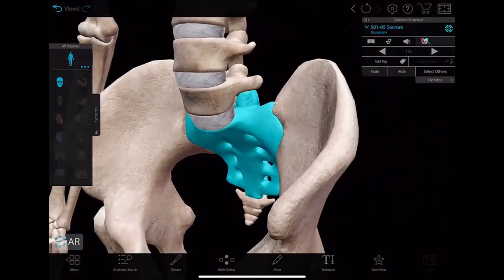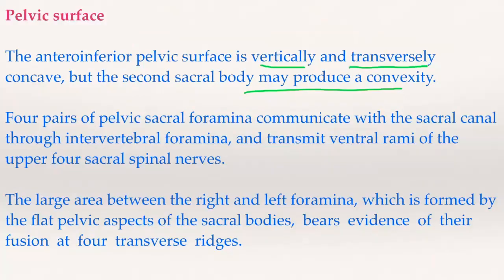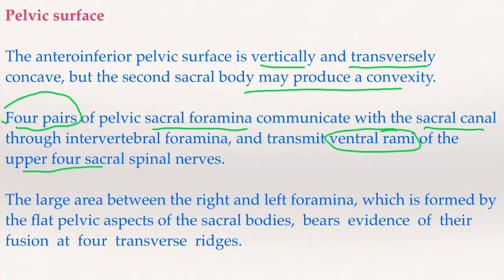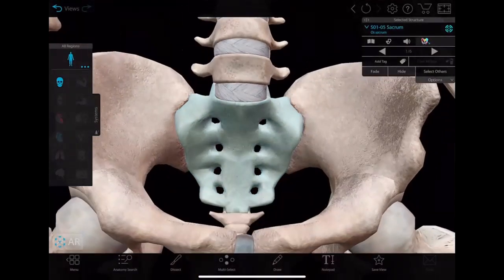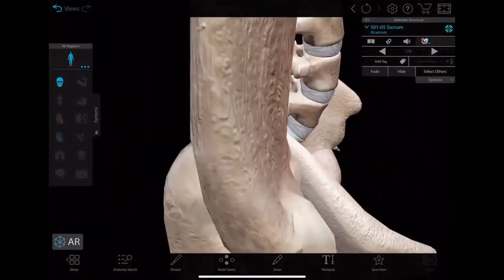We can see the concavity right there. Four pairs of pelvic sacral foramina communicate with the sacral canal through intervertebral foramina and transmit the ventral rami of the upper four sacral spinal nerves. Okay, right. So there are four. One, two, three, four foramina which communicate with the sacral canal.